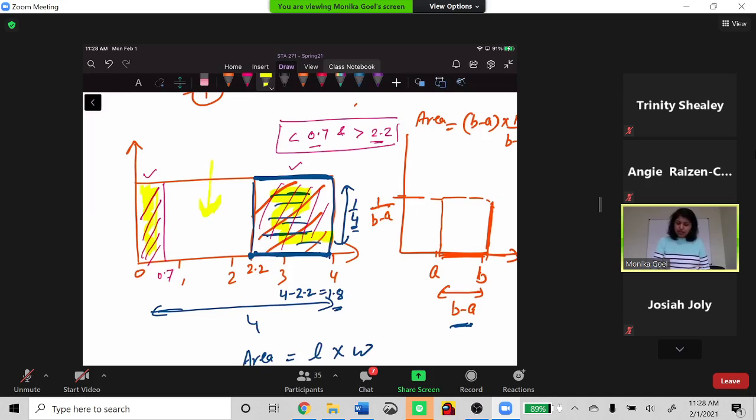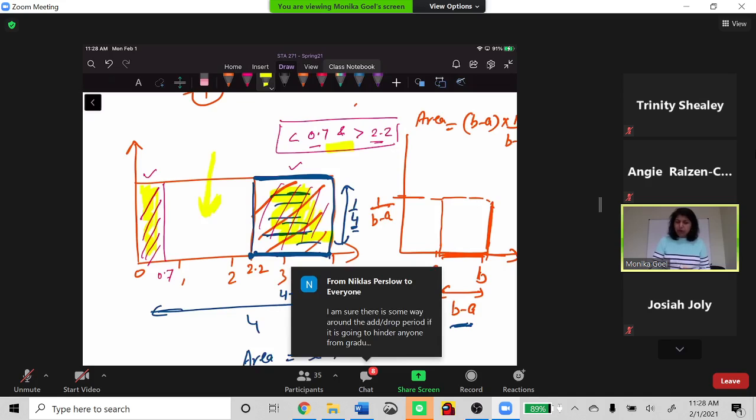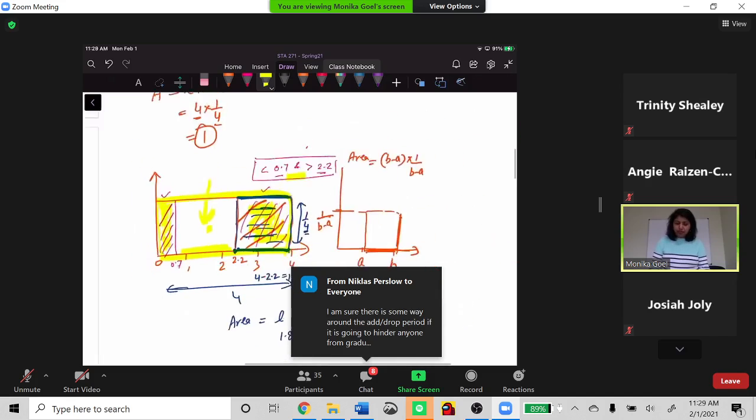You can find this area, find this area, add, and you get the answer. Or you can just find this unshaded area. If you know how much is this, you know that the area under this whole curve is one whole, and if I subtract this from 1, I can find the remaining. So that is your uniform distribution. Questions?